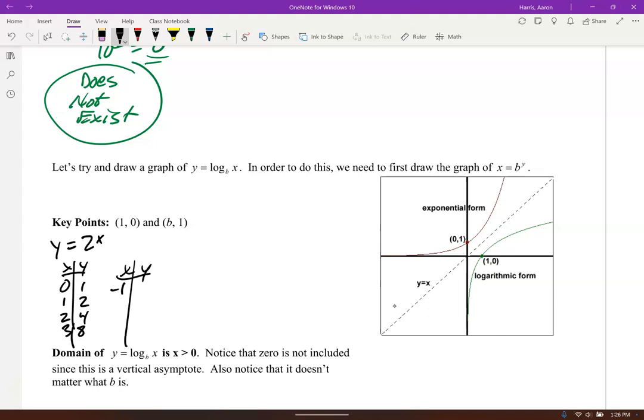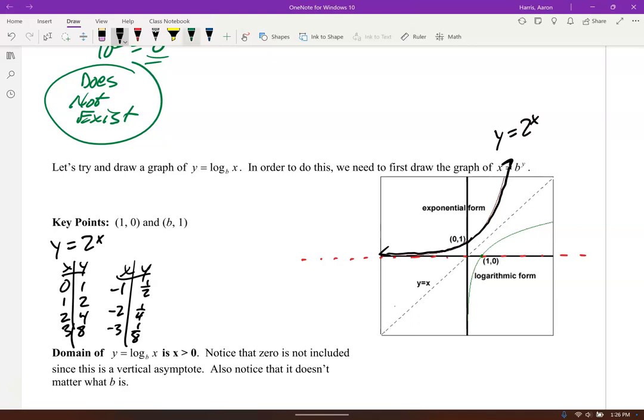Let me go to the left now. 2 to the negative 1 is a half, 2 to the negative 2, 1 over 2 squared, 2 to the negative 3, and so on. And so we get this function right here, it goes through this 0, 1. It's got those points on there, right? And of course it has the horizontal asymptote y equals 0. So this is our function y equals 2 to the x.